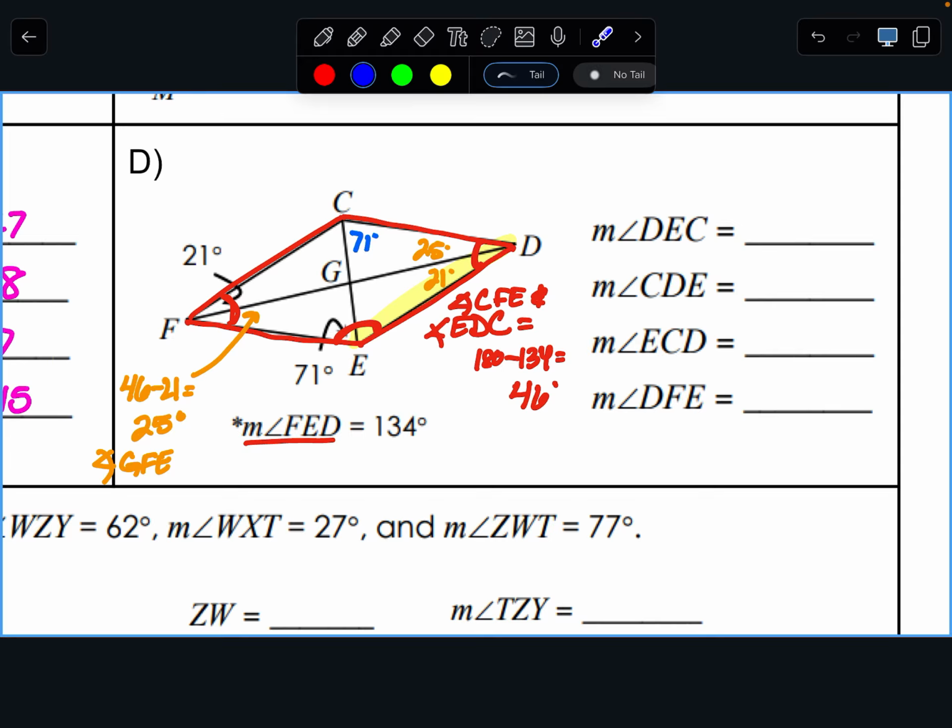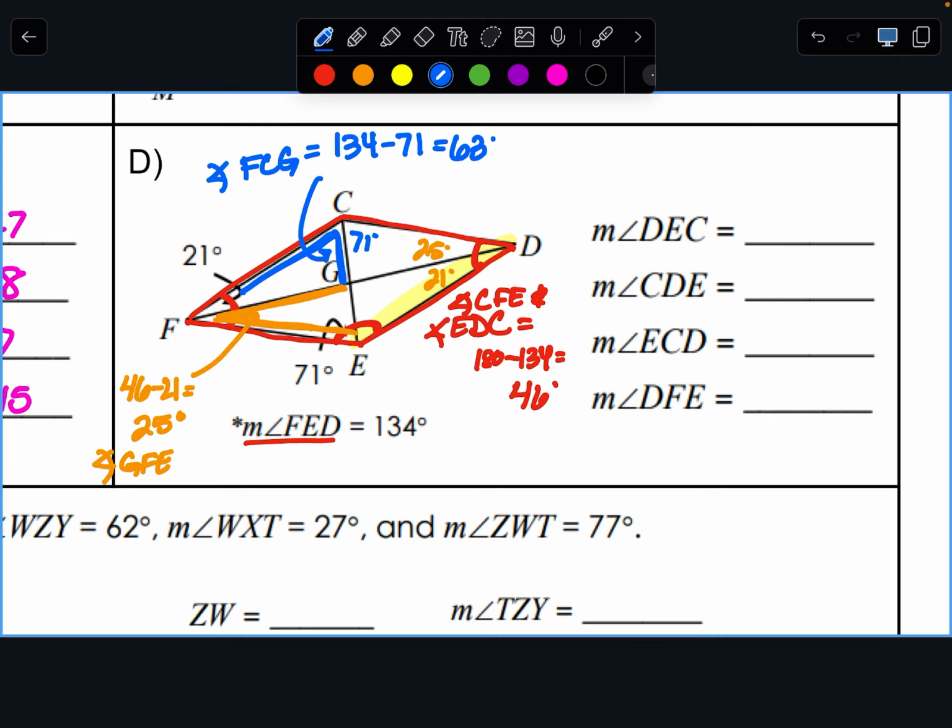And then to find FCG, that is 134 minus 71, which is 63.